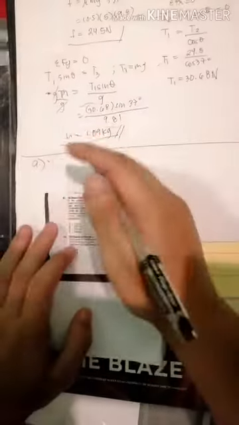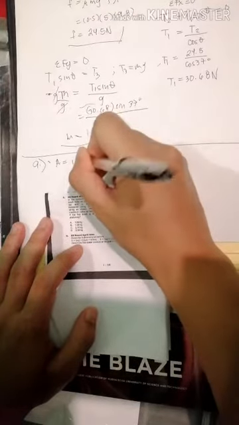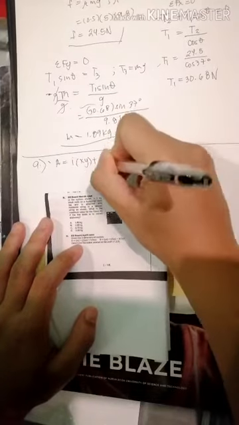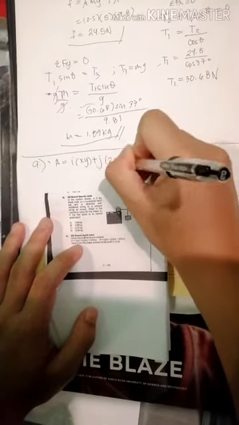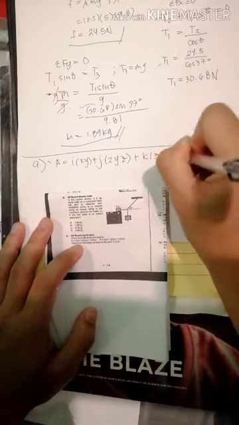Problem number 9. Given the three-dimensional vectors A equals to i xy plus j 2yz plus k 3zx, and B equals to i yz plus j 2zx plus k 3xy. Determine the scalar product at the point 1, 2, 3. So, given A equals to i xy plus j 2yz plus k 3zx.